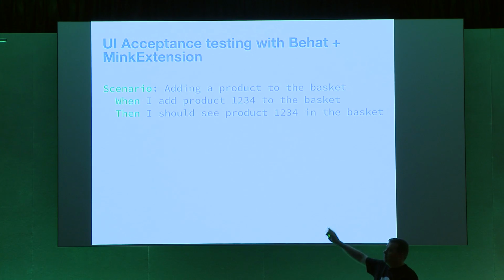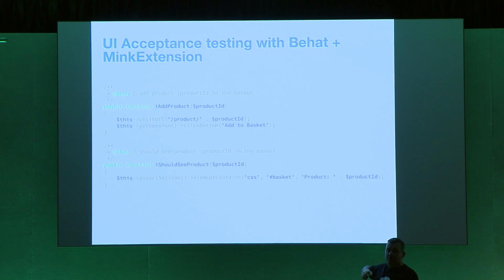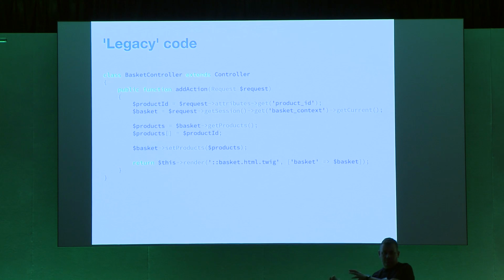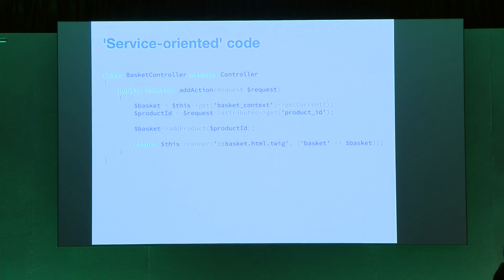So you have the English text that explains the conversation you had with the customer, and then you have this step definition that says that English text means this messy automation stuff. Hopefully that made sense.